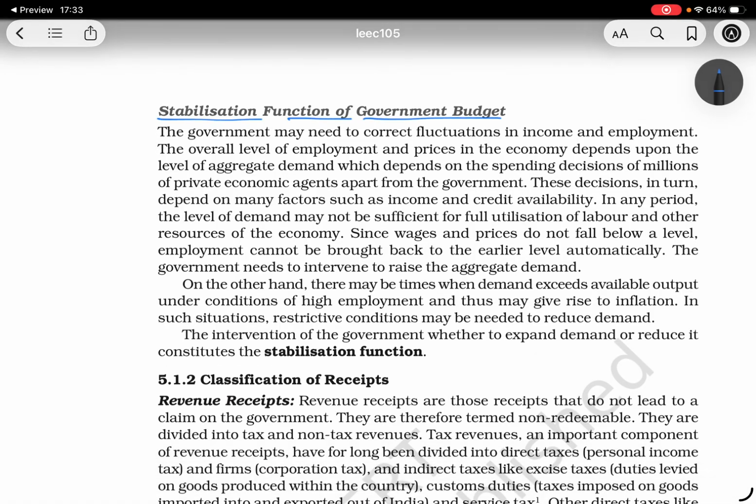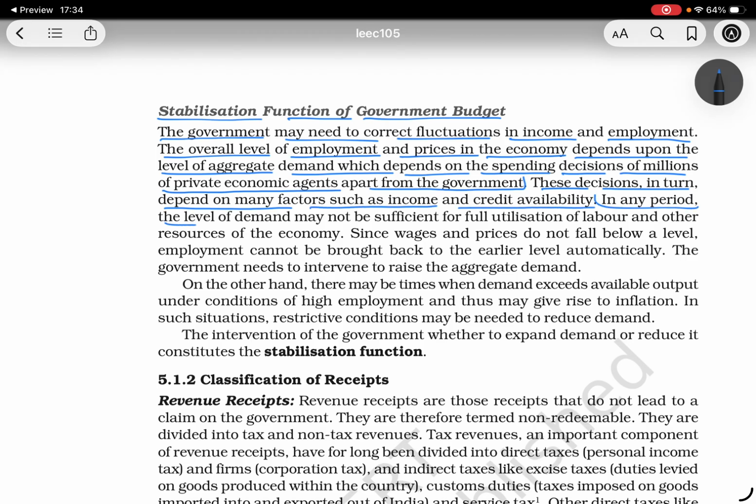Stabilization function of government budget. The government may need to correct fluctuations in income and employment. The overall level of employment and prices in the economy depends upon the level of aggregate demand, which depends on the spending decisions of millions of private economic agents apart from the government. These decisions in turn depend on many factors such as income and credit availability.